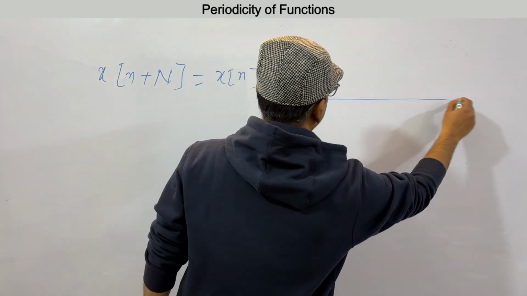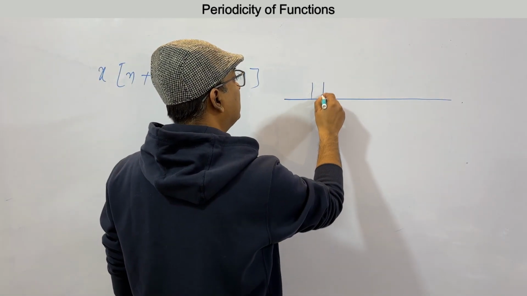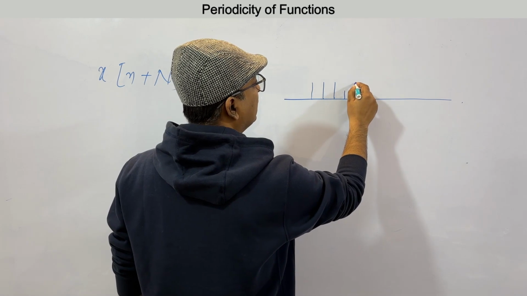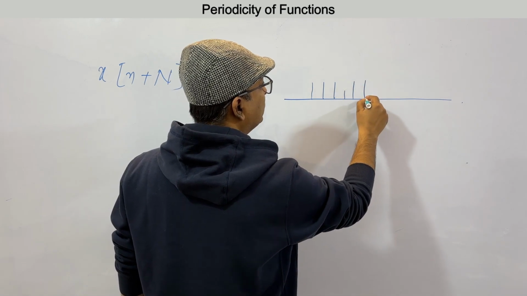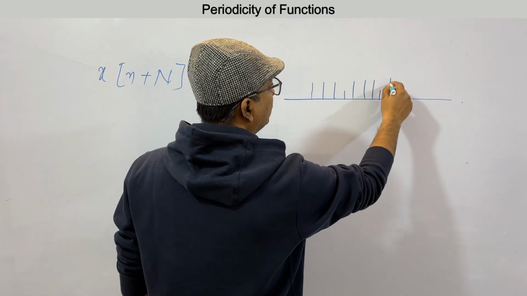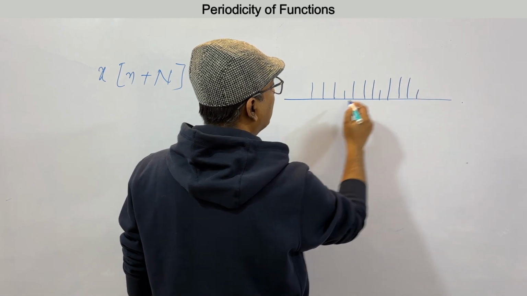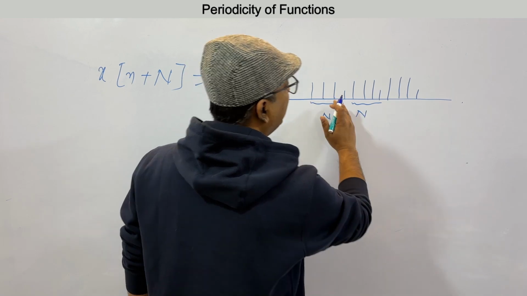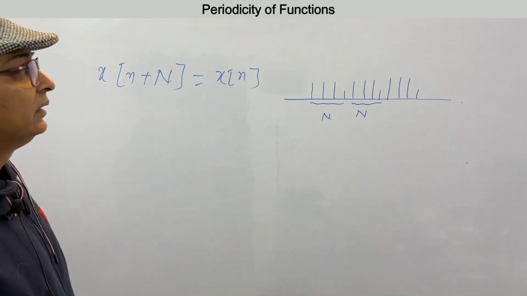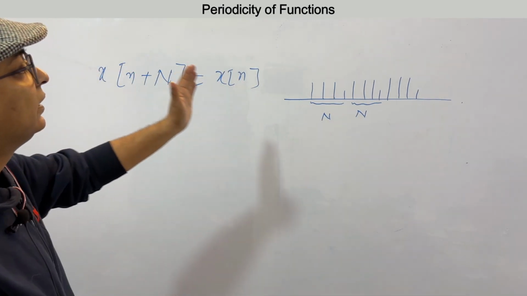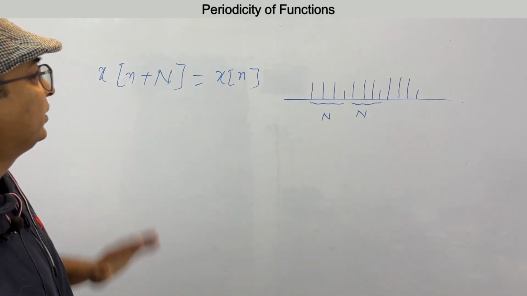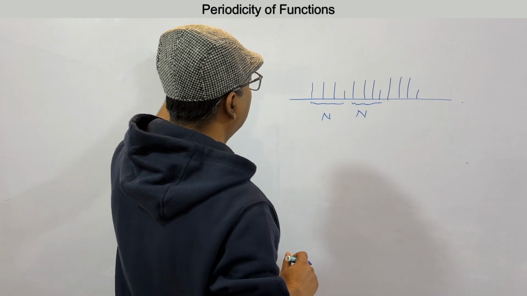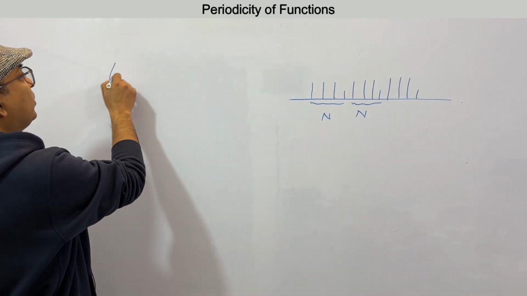That is, let's say we have 1, 2, 3, 4, and then again 1, 2, 3, 4, 1, 2, 3, 4. So this is repeating after every N number of discrete points. So this is a periodic signal. Clear? Discrete periodic signal.